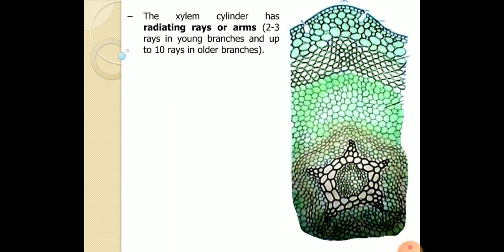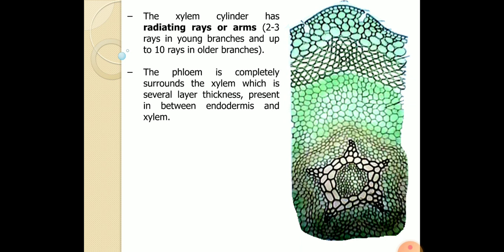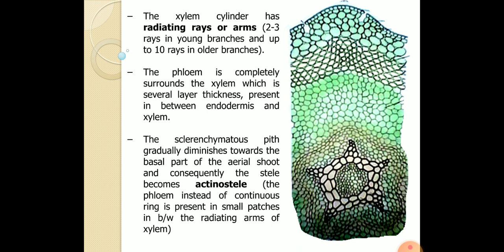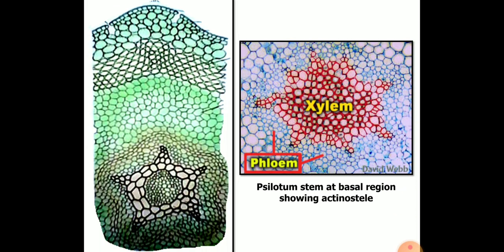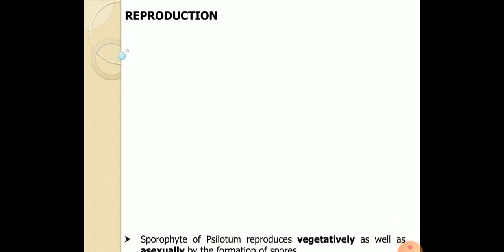Usually the phloem is completely surrounded by xylem several layers thick, usually sclerenchymatous, gradually diminishing towards the base of the aerial shoot, and an actinostele like arrangement will be present. In the picture it is clearly showing the star shaped arrangement, that's the siphonostelic region in the stem portion of Psilotum.